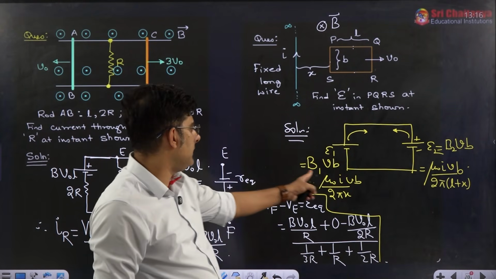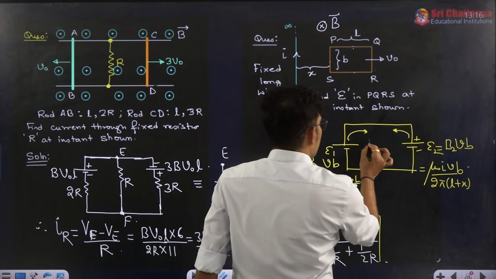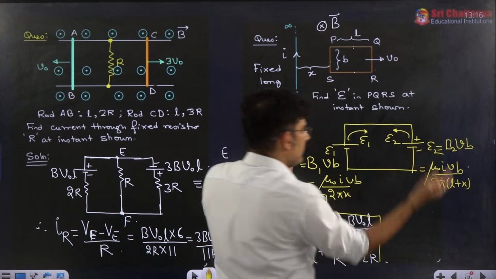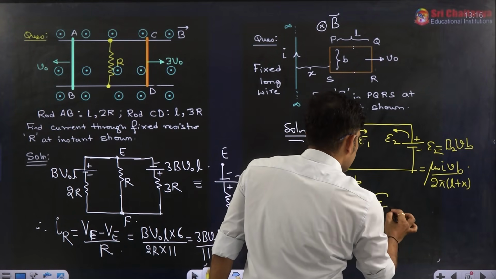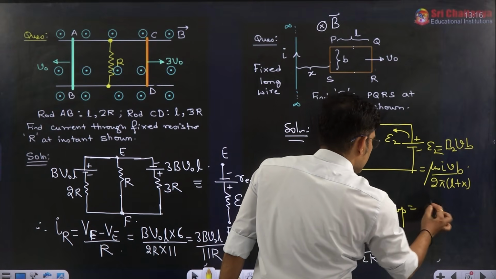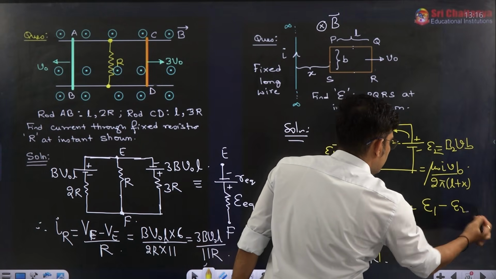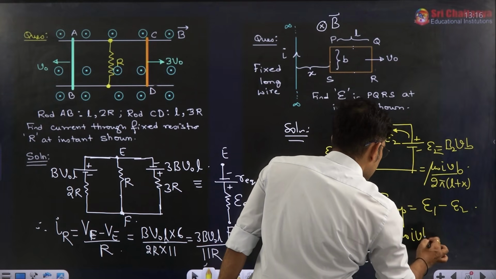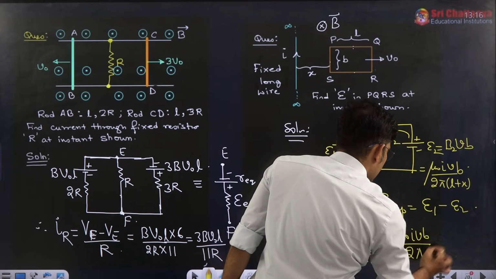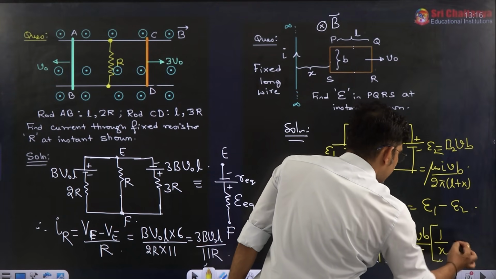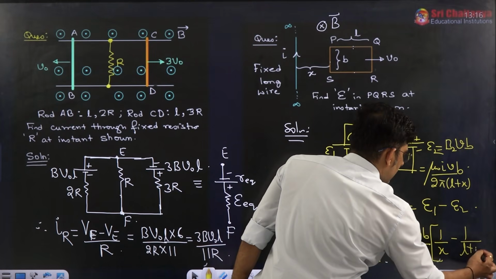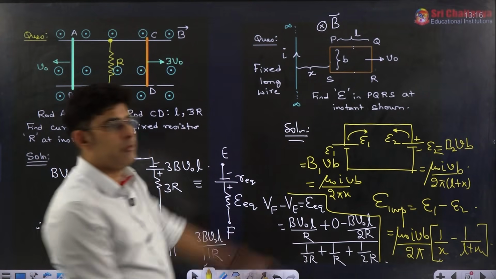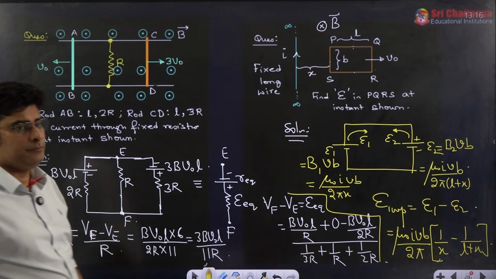You can see obviously E1 is more than E2, and their senses are opposite. So we will say EMF in the loop will be E1 minus E2. So you can take the terms common, mu naught IVB by 2 pi common, it will become 1 by x minus 1 by (L plus x). That's it. So this will be the EMF induced in this loop. Clear?